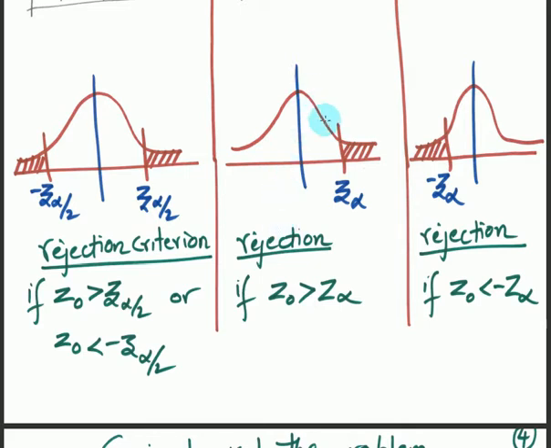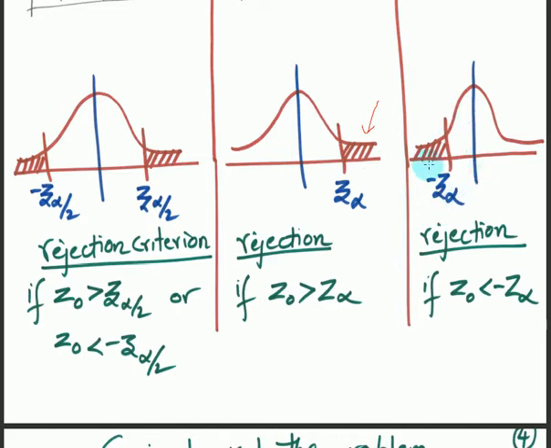And for the upper tail test, if the test statistic z naught is greater than z alpha, or lies in this region, then you can reject the h naught in favor of your alternative hypothesis.